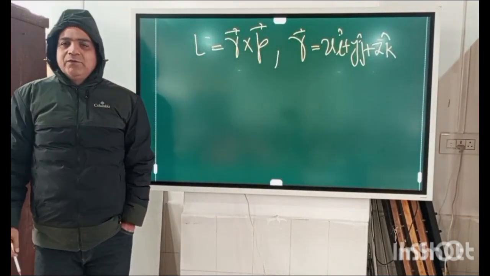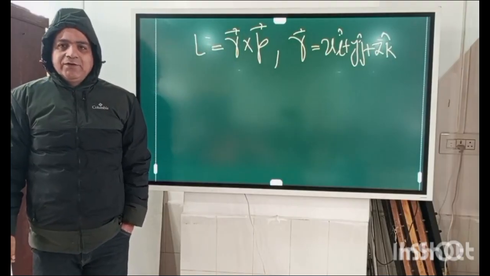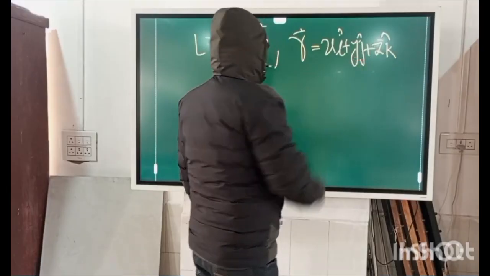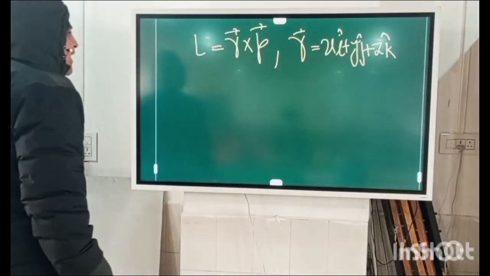I'm talking about angular momentum in Cartesian coordinates right now, okay? So r in Cartesian coordinates is x i cap plus y j cap plus z k cap.